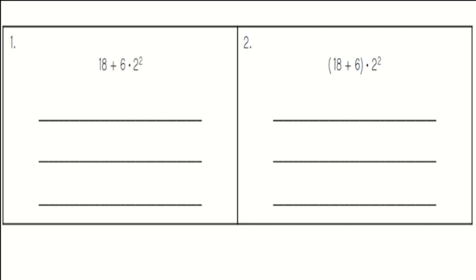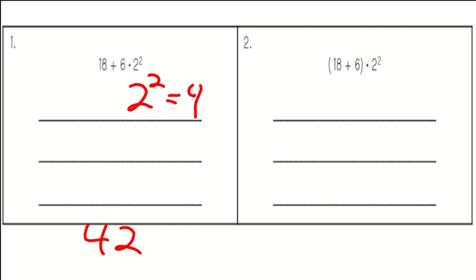Who's got number 1? Gray? 42 is correct. All right, so we're going to get 42. What gets done first? Exponent. So we got 2 squared. That's 2 times 2.